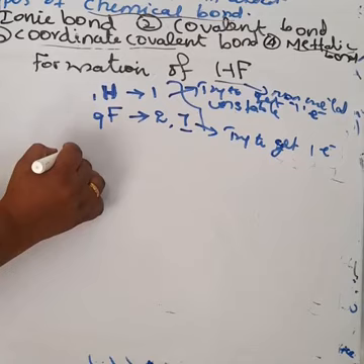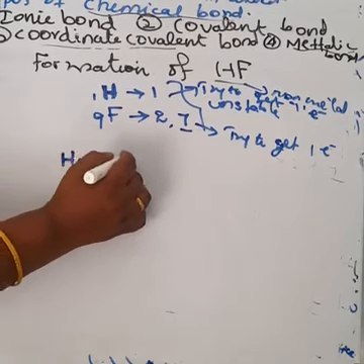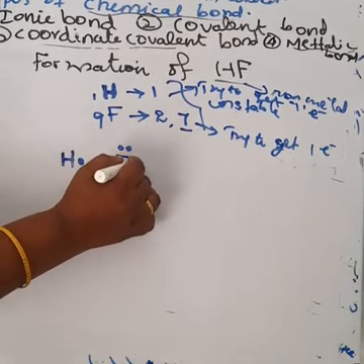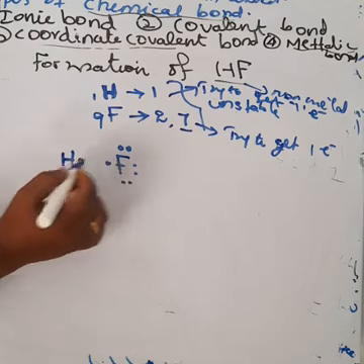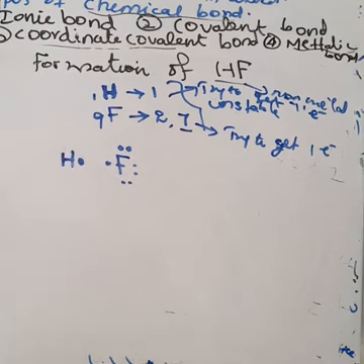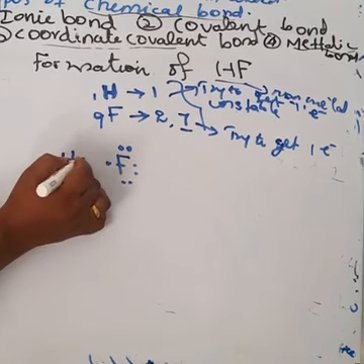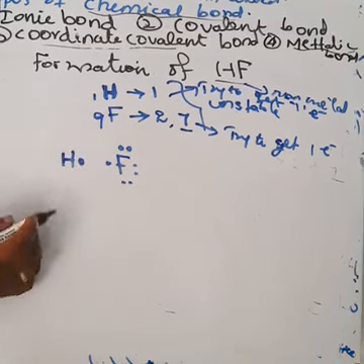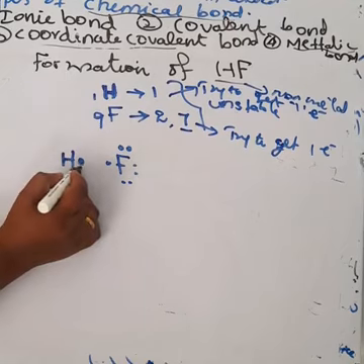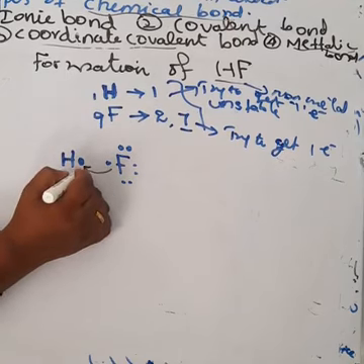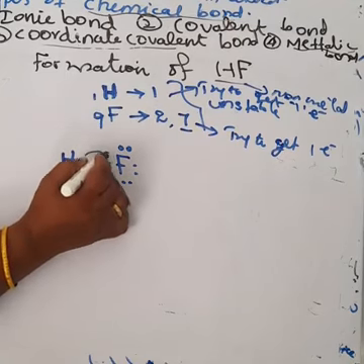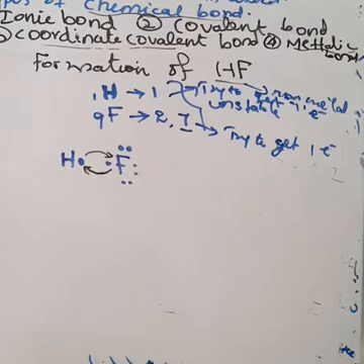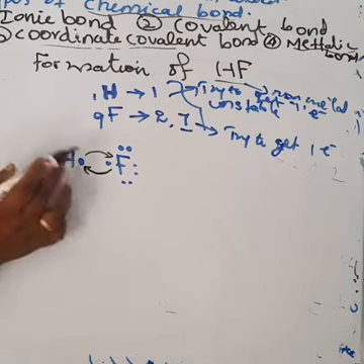Now it is not stable. So the hydrogen atom gets 1 electron from the fluorine atom and becomes stable with a doublet configuration. At the same time, the fluorine atom gets 1 electron from the hydrogen atom and becomes stable with an octet configuration. Understood?